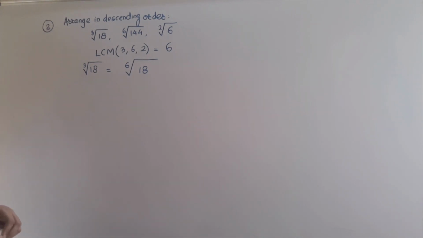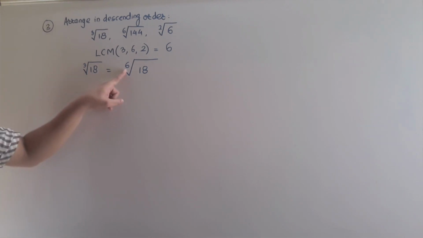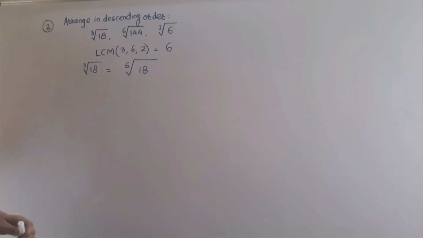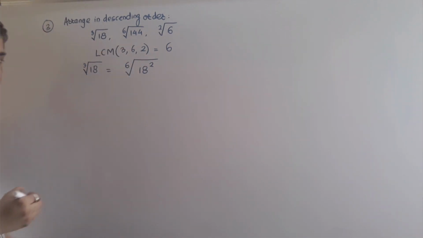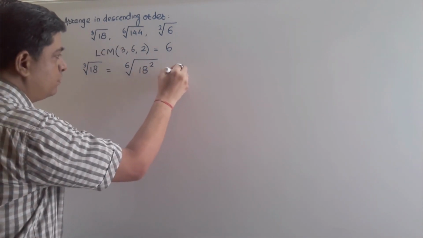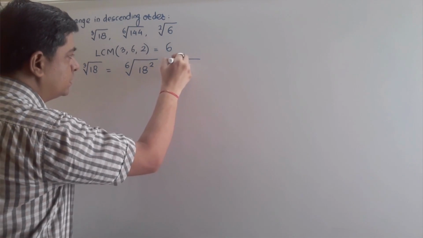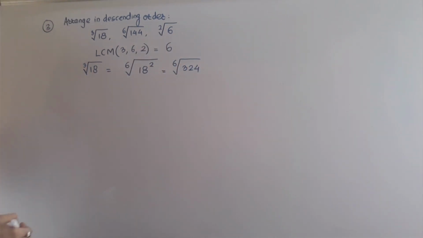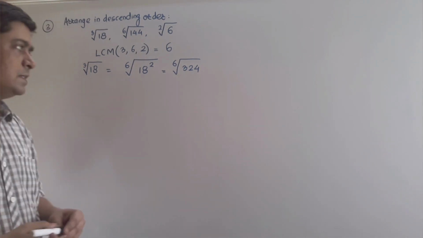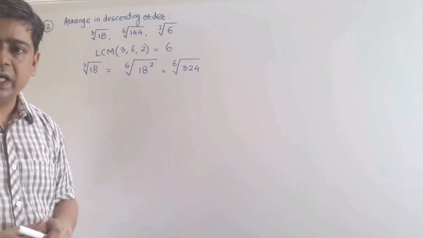Now 6 divided by 3 gives 2, so the power of 18 becomes 2. The square of 18 is 324. So cube root of 18 can be written as 6th root of 324.